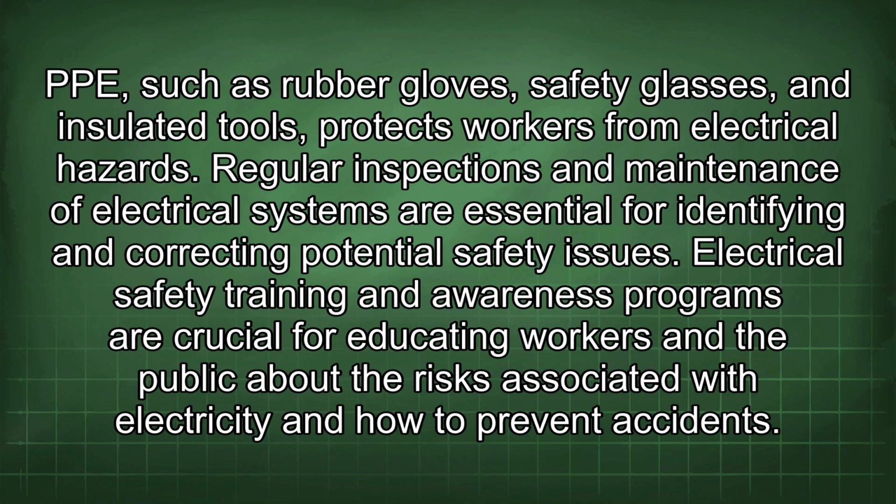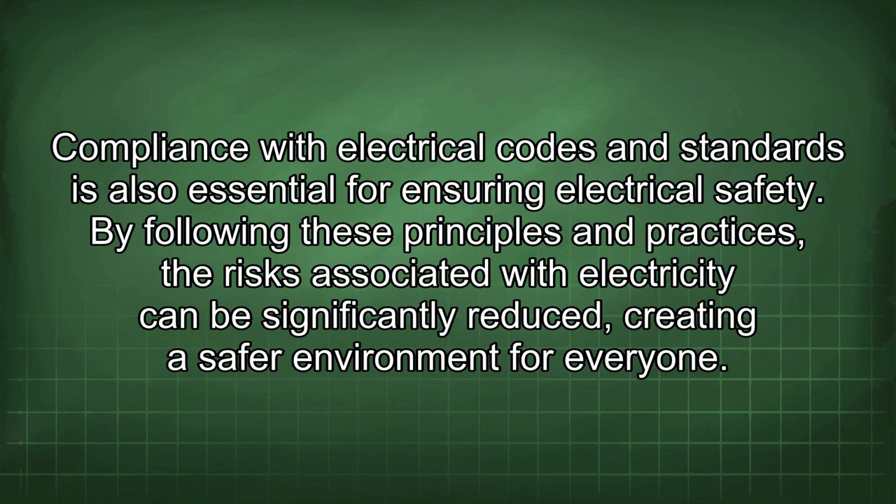Electrical safety training and awareness programs are crucial for educating workers and the public about the risks associated with electricity and how to prevent accidents. Compliance with electrical codes and standards is also essential for ensuring electrical safety. By following these principles and practices, the risks associated with electricity can be significantly reduced, creating a safer environment for everyone.